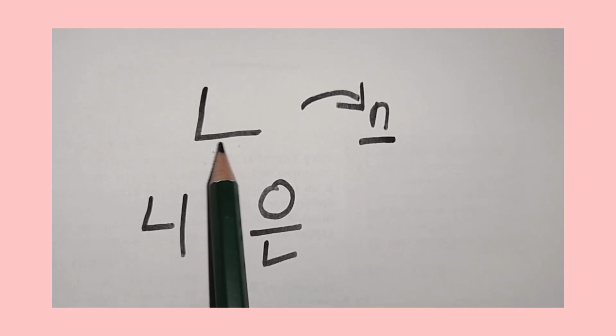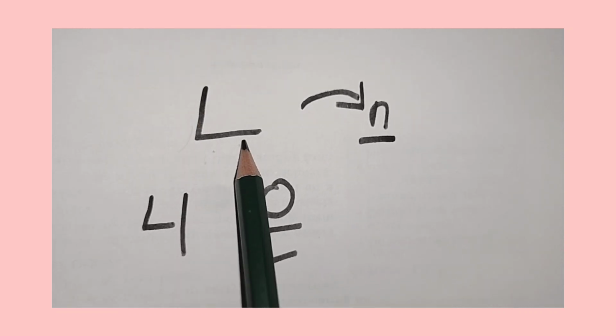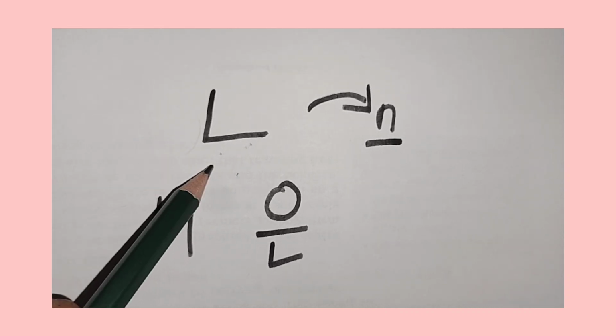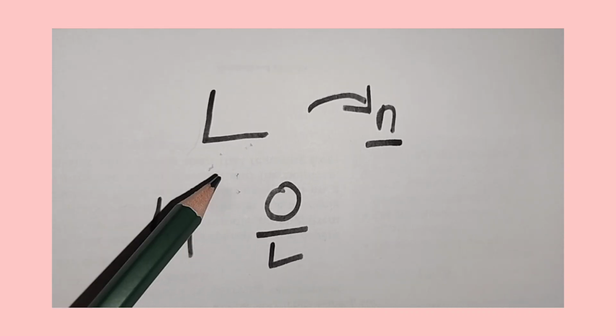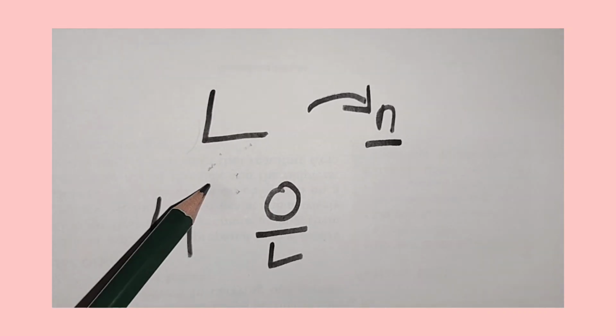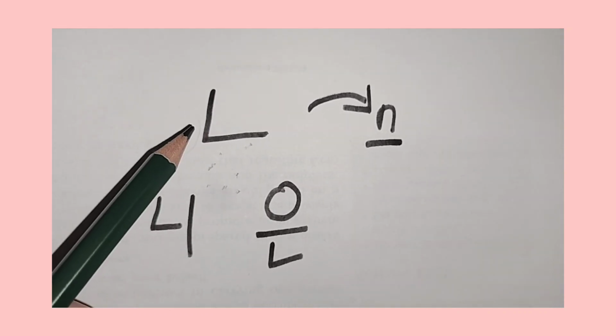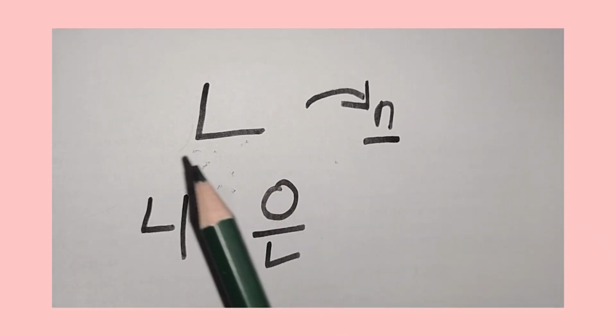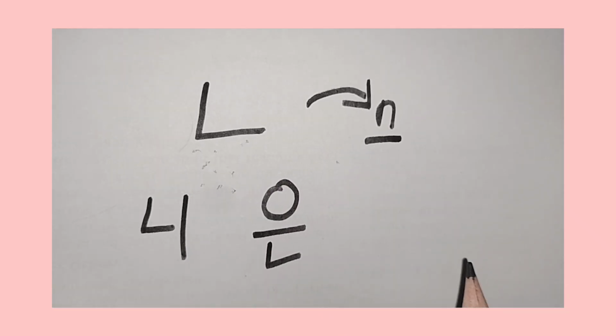Look at this. It looks like a nose, right? So a nose also gives an N sound, n, and nieun also gives an n sound. That's why we're using nose for nieun. Now nose for nieun. Let's move on to the other.